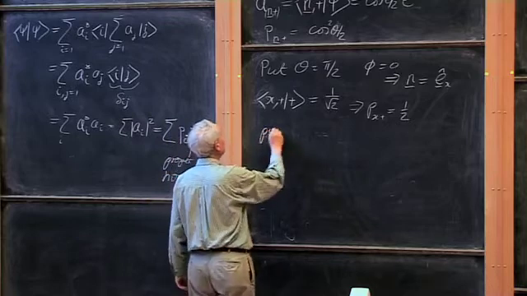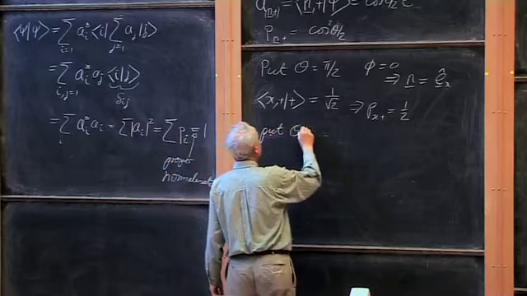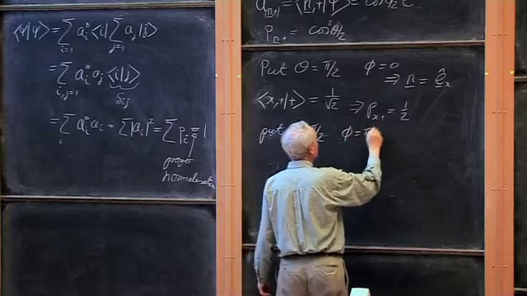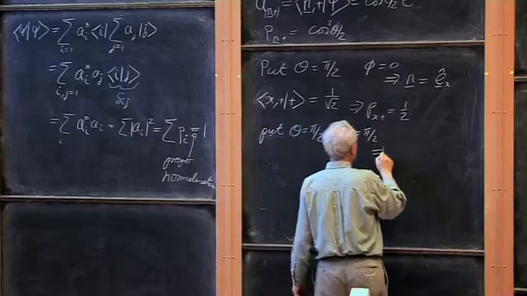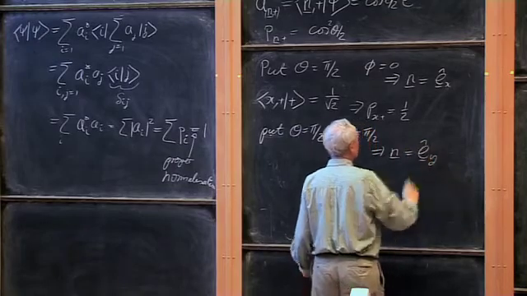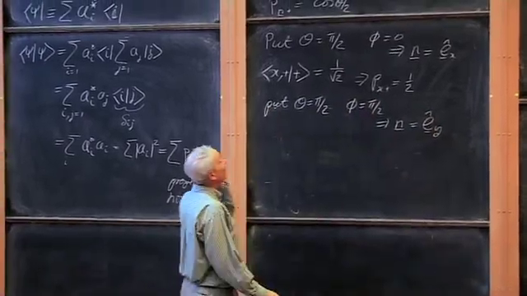Let's put theta equal to pi by 2 and phi equal to pi by 2. That implies that n is equal to ey, the unit vector in the y direction. What do we get then?